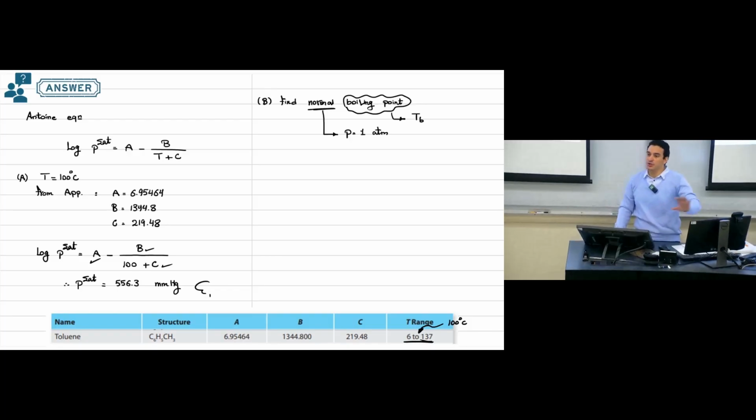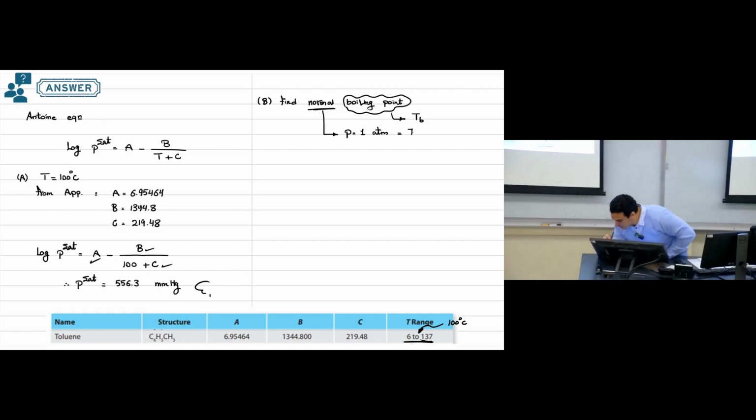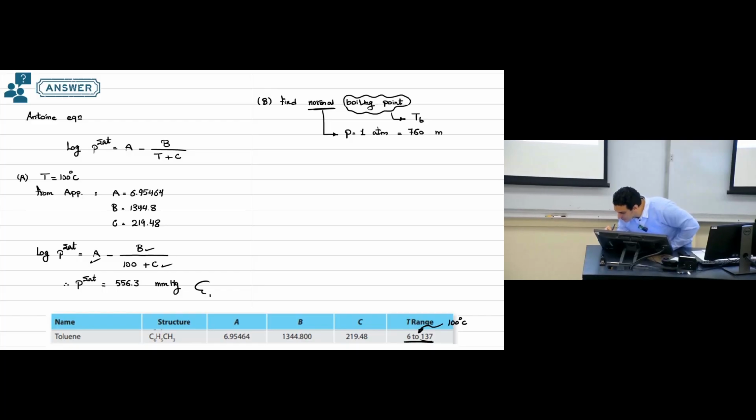And again, in the Antoine equation, are we using atmosphere? No. So 1 atmosphere is 760 millimeters of mercury.